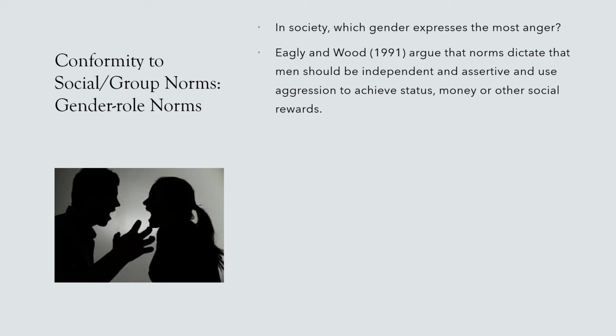Aggression is a behaviour that's expected of men, because if a male isn't an alpha and doesn't exert his authority, then maybe he won't achieve the status or the money or the social rewards that he wants. So in terms of society, I feel that men are more likely to express anger than women.